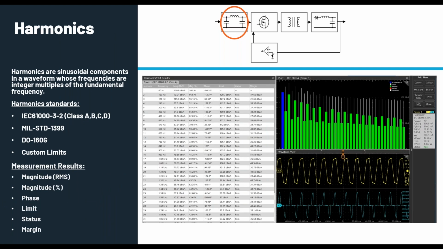Basically, harmonics refers to the distortions in voltage and current waveforms.